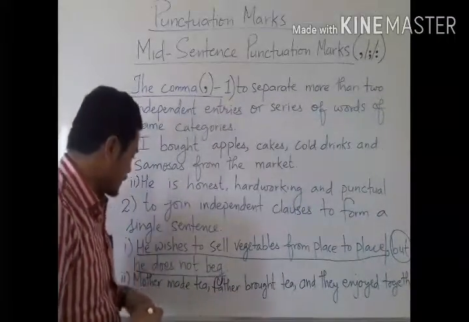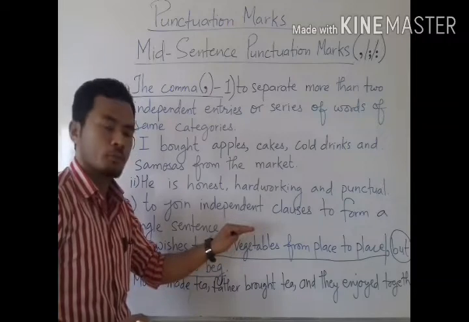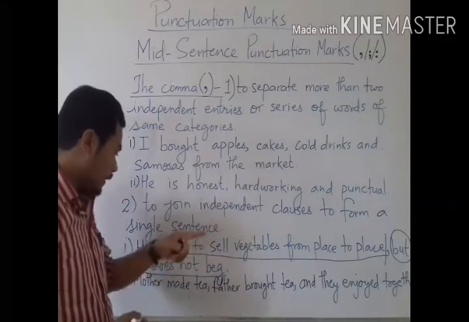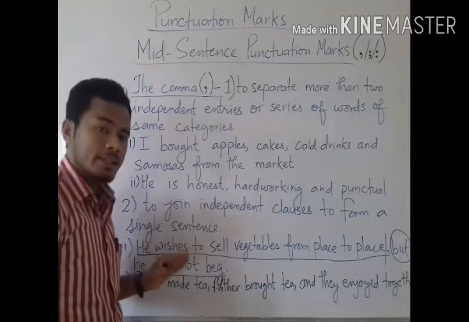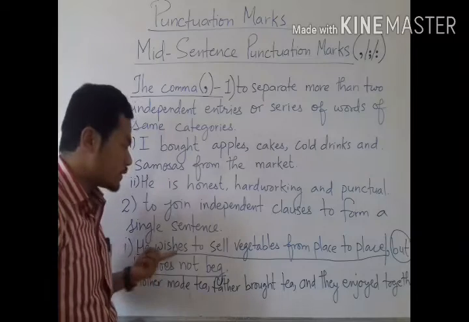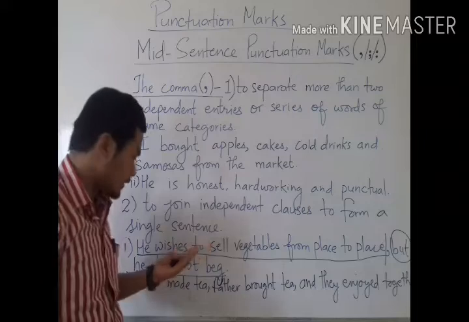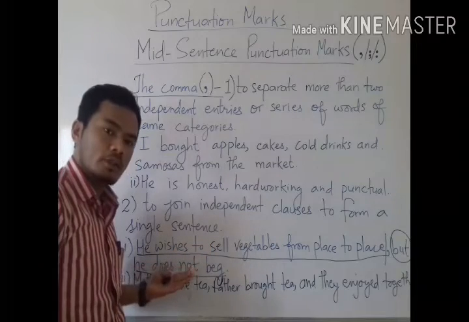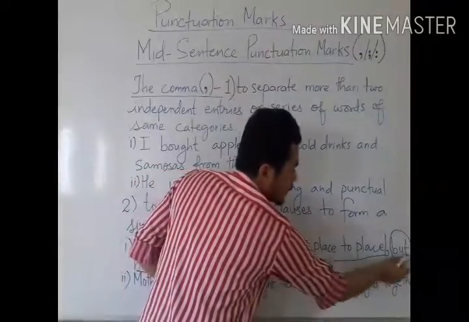Just take this example. He wishes to sell vegetables from place to place, comma, but he does not bake. So here the sentence is made by two independent clauses. Like he wishes to sell vegetables from place to place, this is the first independent clause, and he does not bake, this is also an independent clause, and it is joined by using the conjunction but.